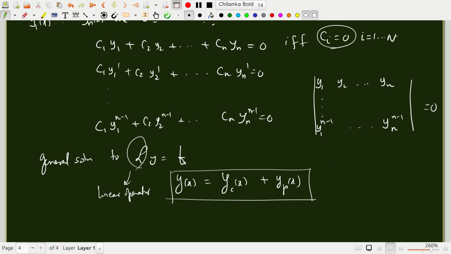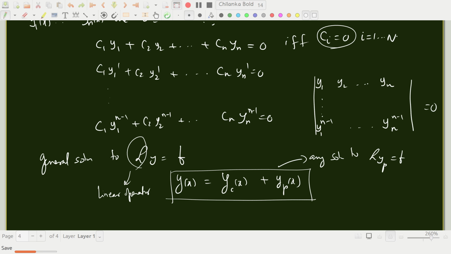You can first set f equal to 0, find the solutions, and then put on f and add the consequences. Because the system is linear, you can do this. This is not possible for nonlinear systems. What is y_p? It's any solution to Ly = f.